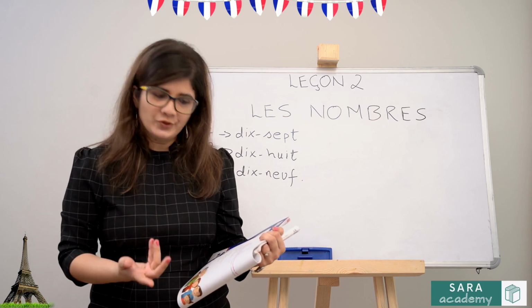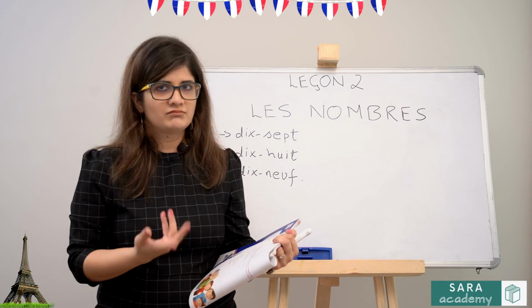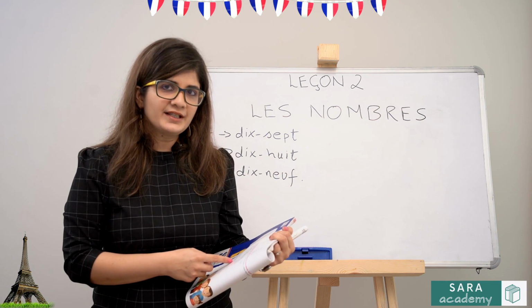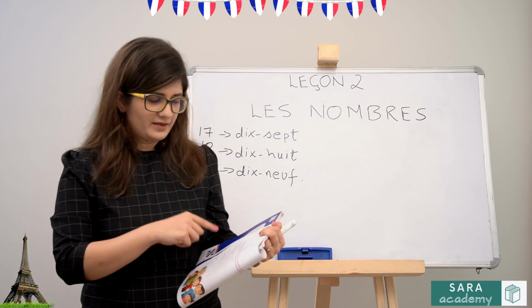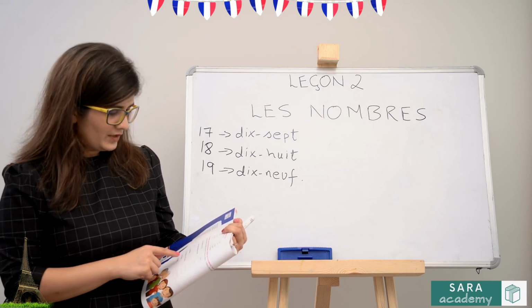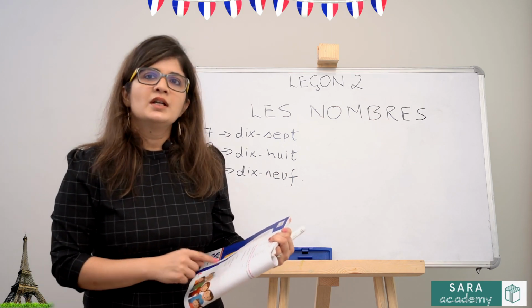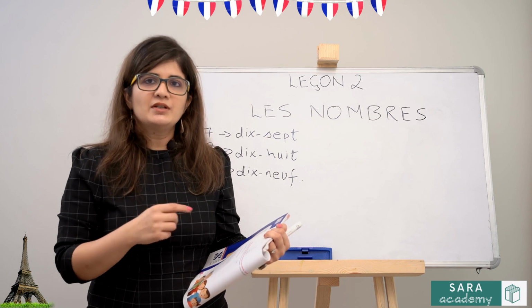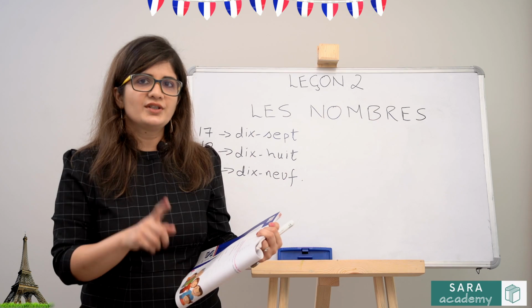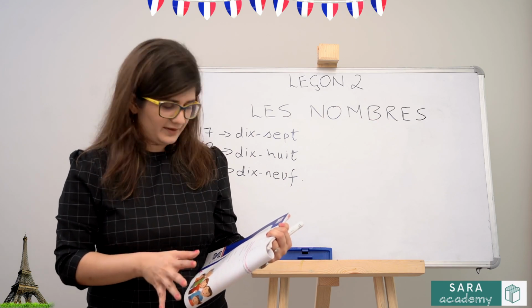So again, nous. I, je. My father, what will you replace it with in English? He. It is a masculine noun, so you will use il. My father and mother, mixed gender, two people, what will you replace it with in English? They. But since it is mixed gender, in French you will use ILS.